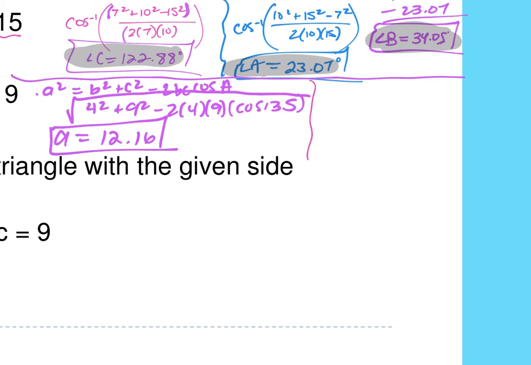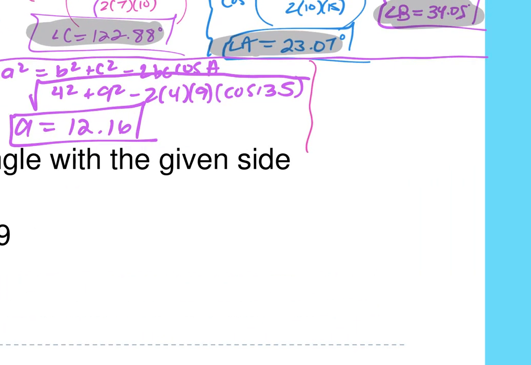So now I've got to find angle B or angle C. It doesn't matter, but let's say cosine of B. A squared plus C squared minus B squared over 2AC. A is 12.16 squared. C was 9. B is 4. And I'm going to cosine negative 1 that whole thing.